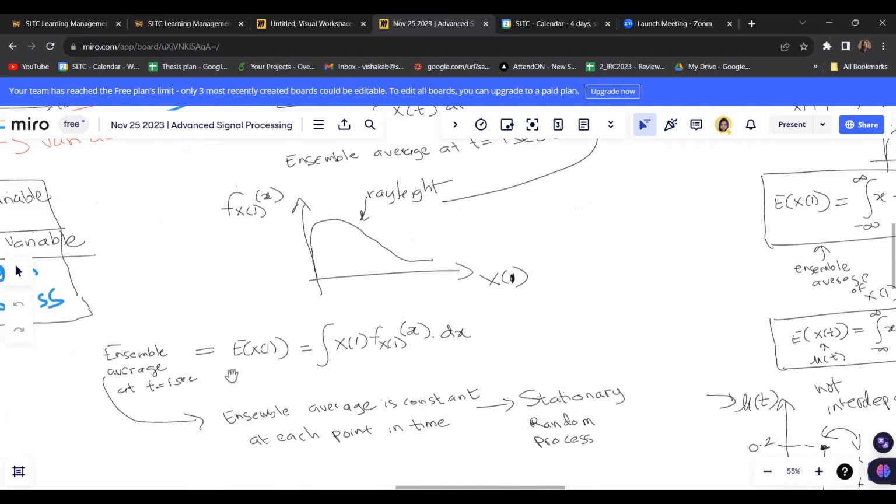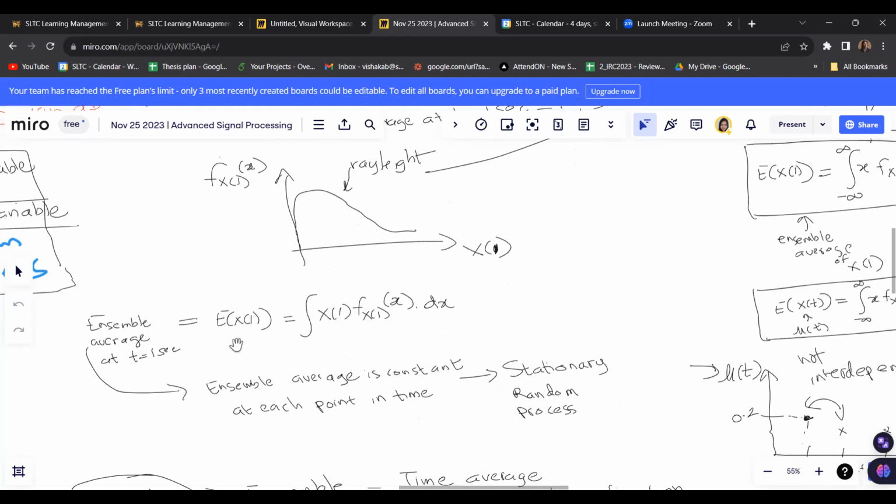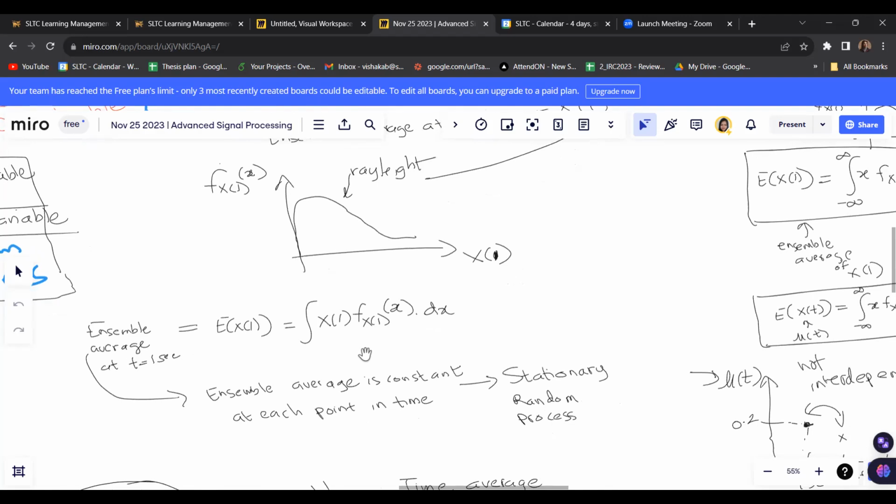Once you have computed this ensemble average, you can find the mean value of the random variable X(t), or here it's X1. X1 corresponds to the variable at time equals 1 second. So the variable mean we can find using E[X1]. Mean means like the middle point where the distribution is centered around, right? So the ensemble average will give the mean value of the random variable X1 around which the distribution is centered.